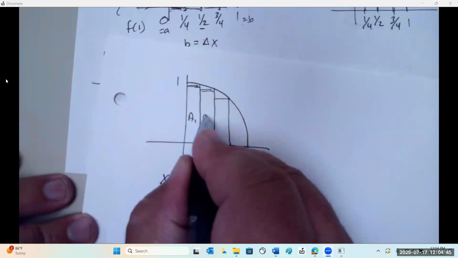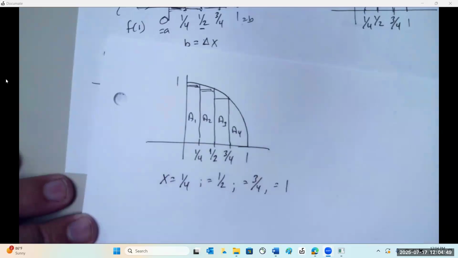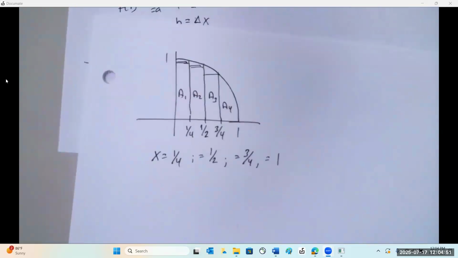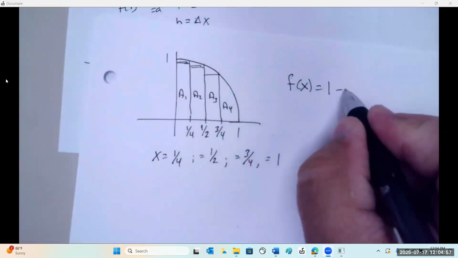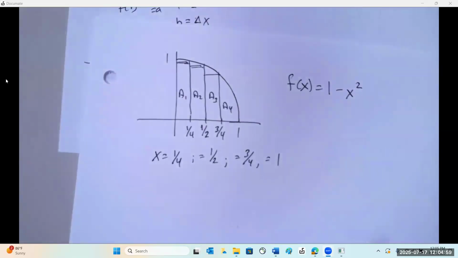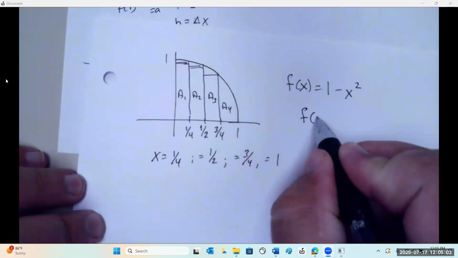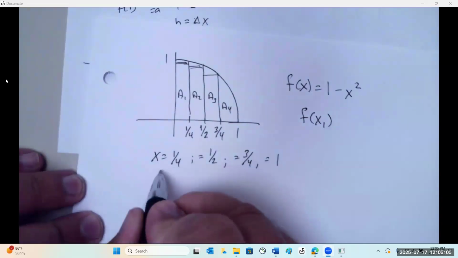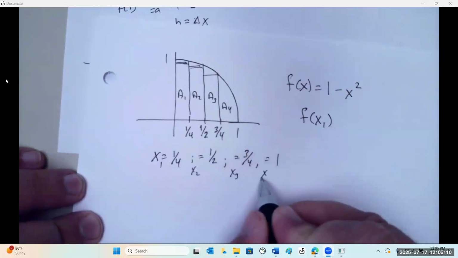Here's A1, A2, A3, and A4. The function that we are using is that one. So this is my x sub 1, this is my x sub 2, this is my x sub 3, and this is my x sub 4.